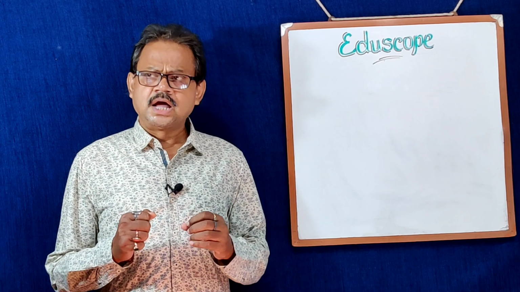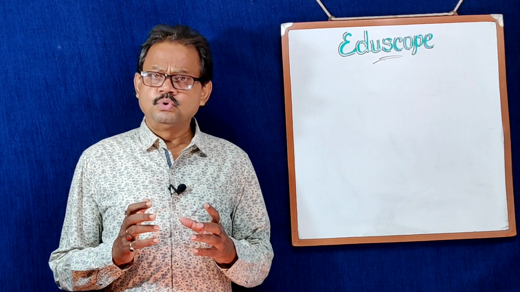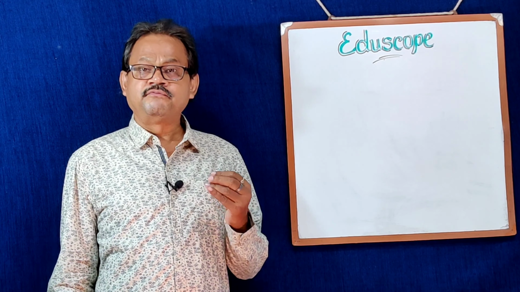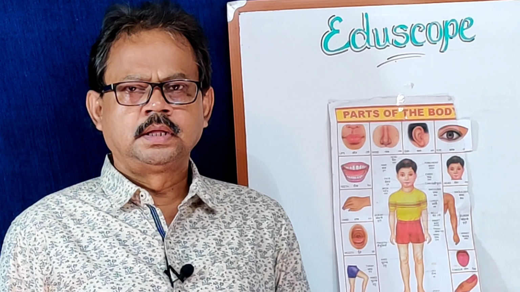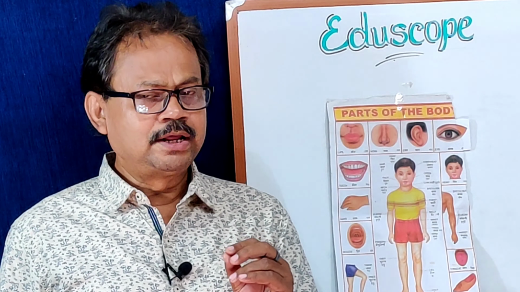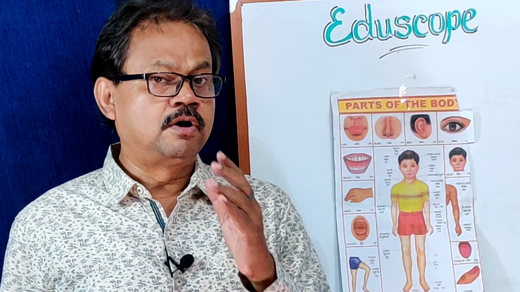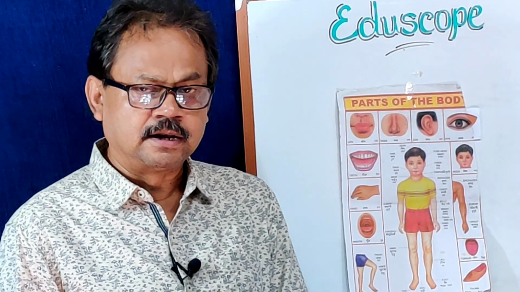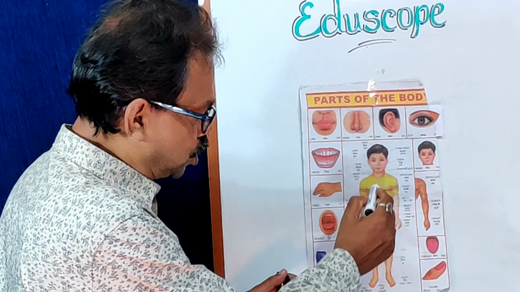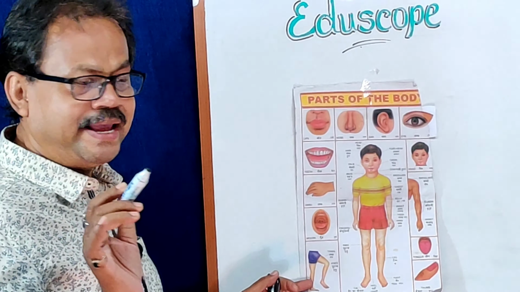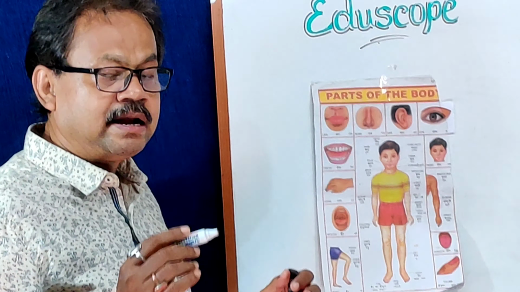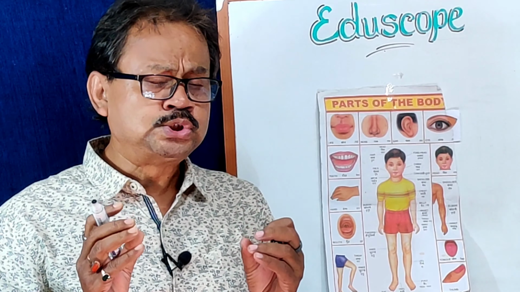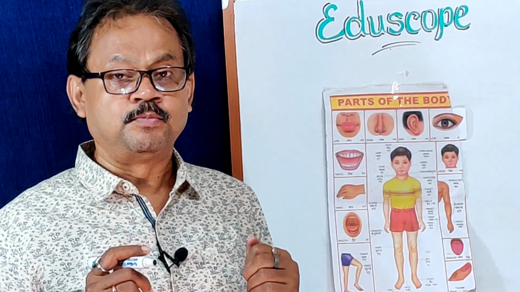Now we have to know that which organ of our body is responsible for our memory. In our body, the organ which is responsible for our memory is brain. You know, this is a human body and brain is present here within the skull. And you know, brain is the most complex organ of our body.